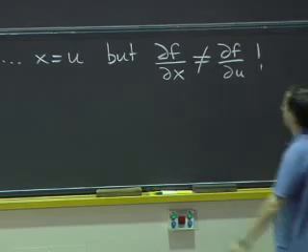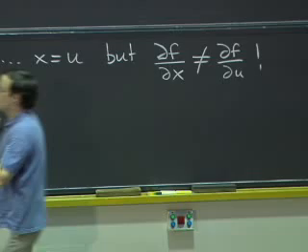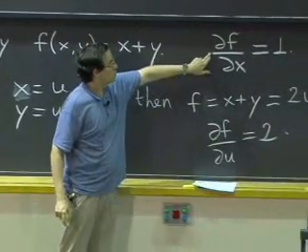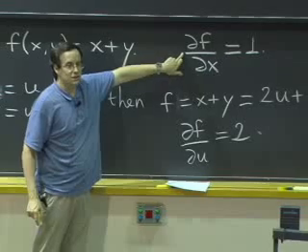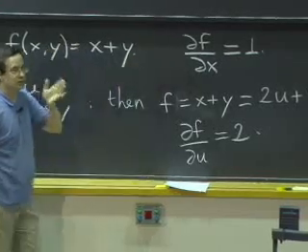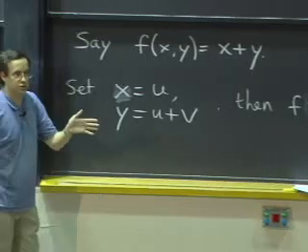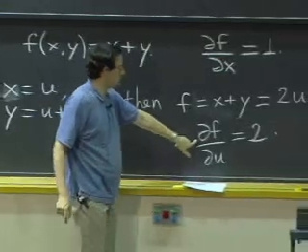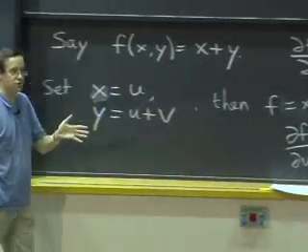So how do we get rid of this contradiction? Well, we have to think a bit more about what these notations mean. Okay? So when we write partial f over partial x, it means that we are varying x, keeping y constant. When we write partial f over partial u, it means we are varying u, keeping v constant.